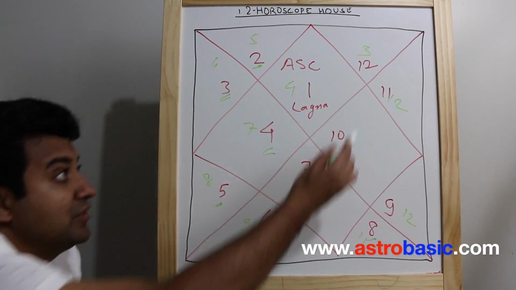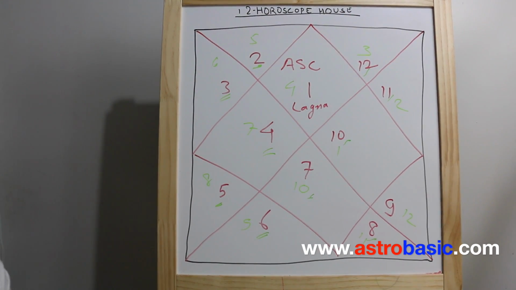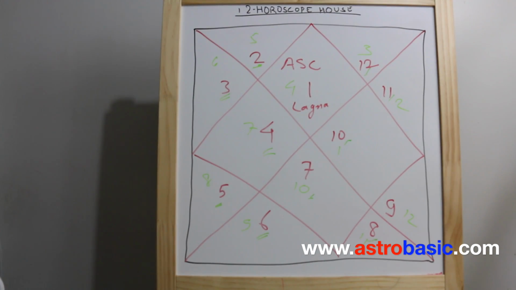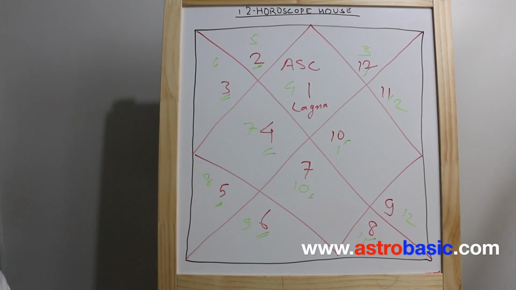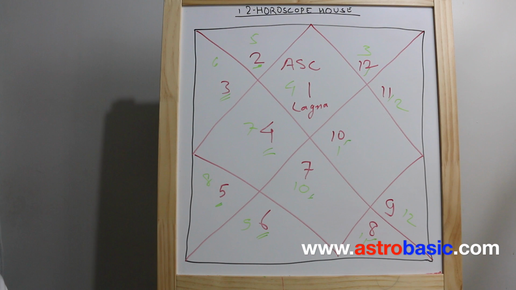And the 12th house is loss. Anything you are doing, like buying something, expenses, good or bad, can be seen from the 12th house. It is also showing stay in a foreign land, bed pleasure, or imprisonment, hospitalization, or any kind of loss.